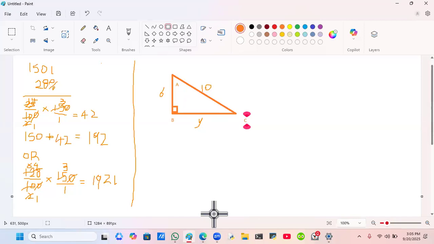Now let's apply Pythagoras theorem quickly.